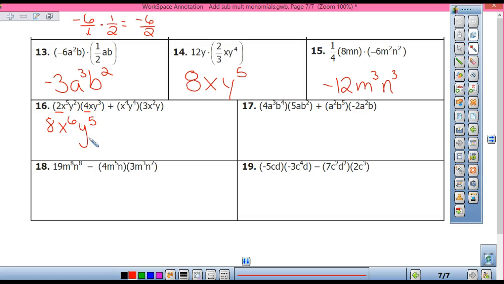Good, yep. So John C, you have the right side. Y to the fifth, good. So on both of these, do I have x to the sixth, y to the fifth? Yep. So combine them, we get.